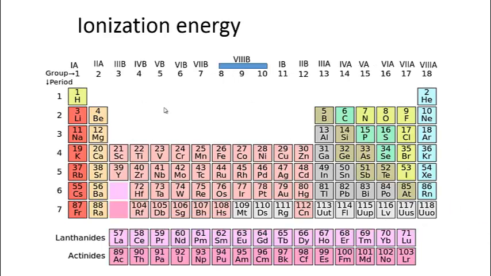If we were to look at the periodic table, within a given period, ionization energy tends to increase in moving from left to right on the periodic table.